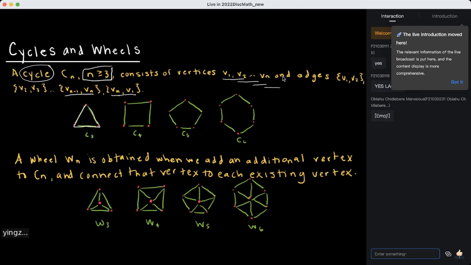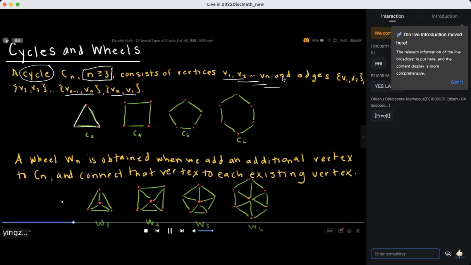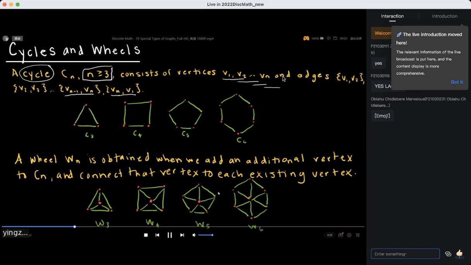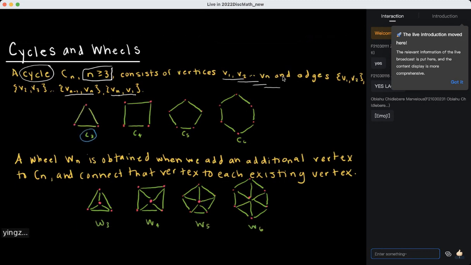A wheel is what happens when we take a cycle and add just one additional vertex, essentially in the middle, and connect it to all of the existing vertices. So for instance, here's C3, the cycle for 3.